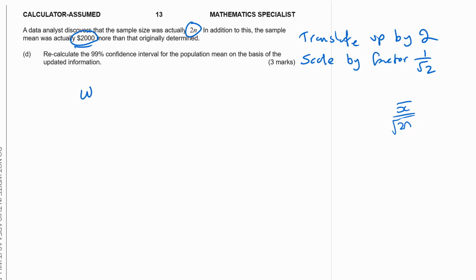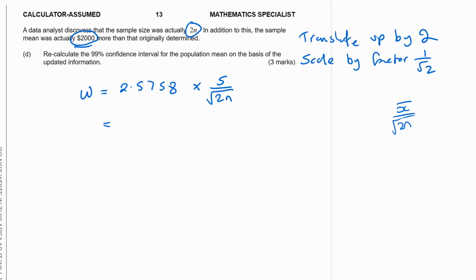So the width is going to be 2.5758, that's our Z99 value again, times S over root 2n now.